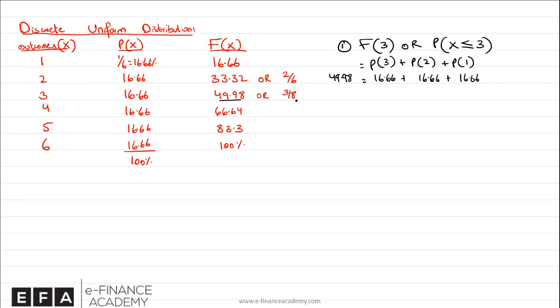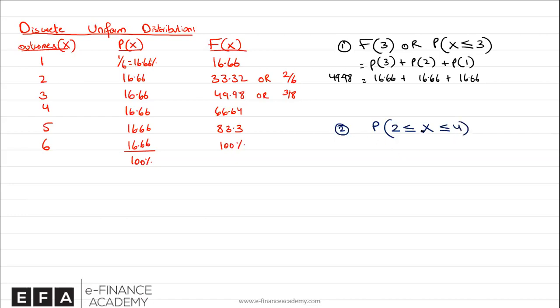We also said you can calculate it as 3 outcomes out of a total of 8, and that should give you your answer. All right, let's say our next question is, what is the probability of getting an outcome so that X will be greater than or equal to 2, but less than or equal to 4?